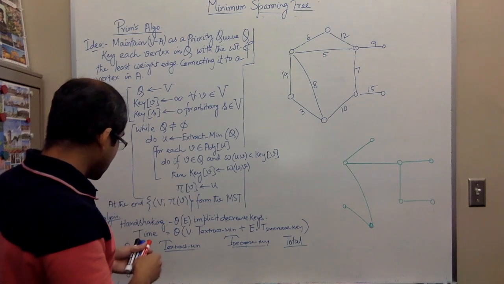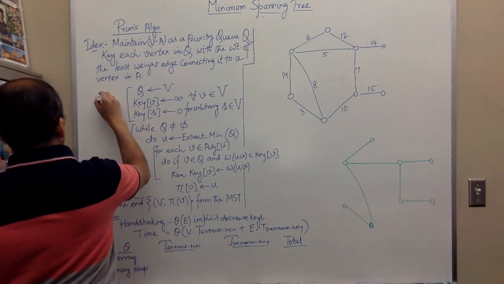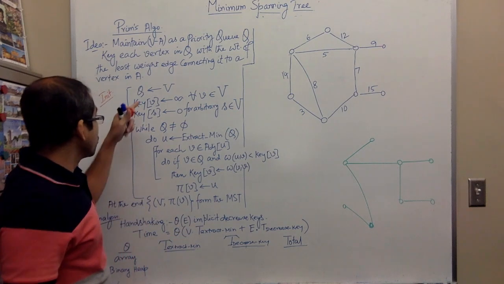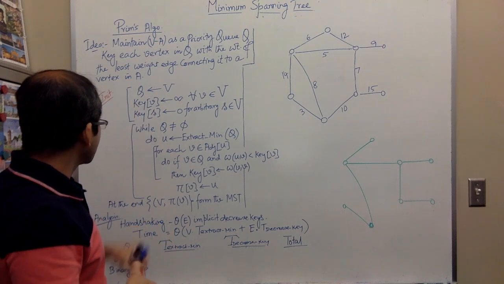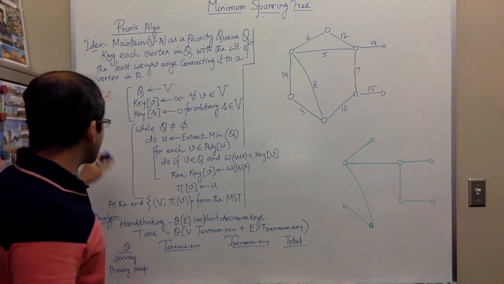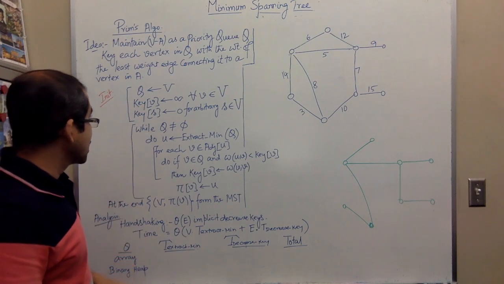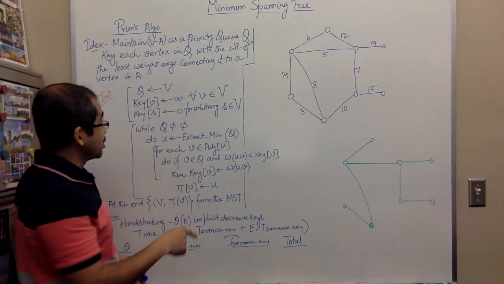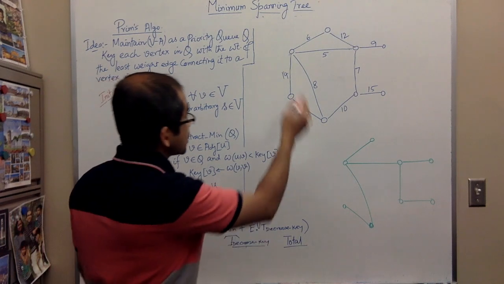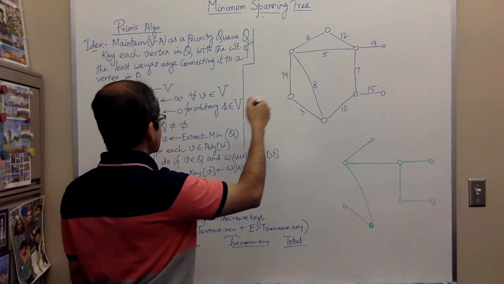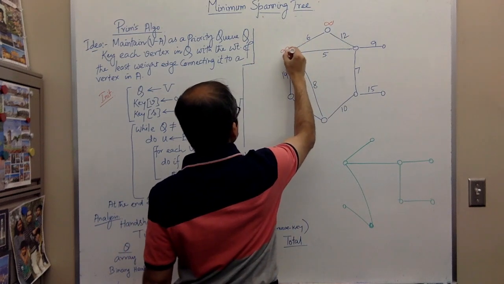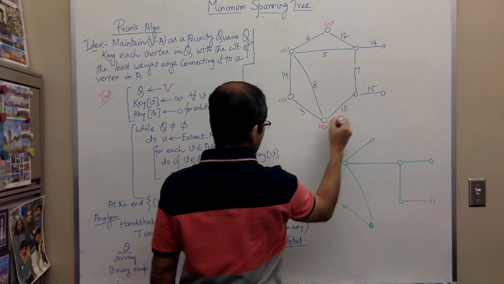Okay, so initially this part is the initialization part. In the initialization, what we do is we set the vertices of the given input graph into the priority queue Q, and then we key the vertices initially with infinity, for all vertices in V. Suppose this is a given input graph; initially we say that the keys of all the vertices are infinity.